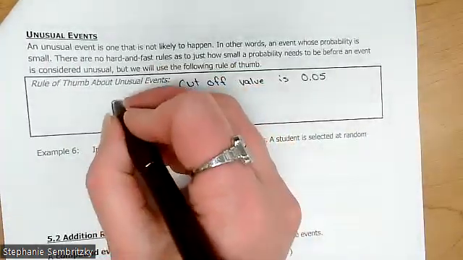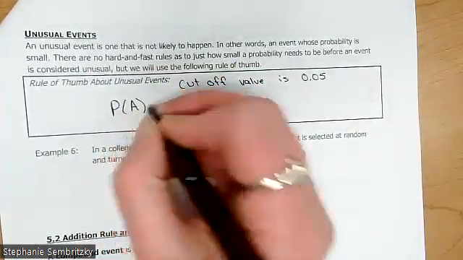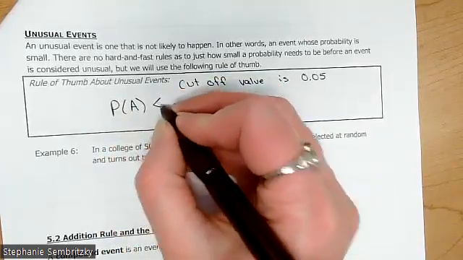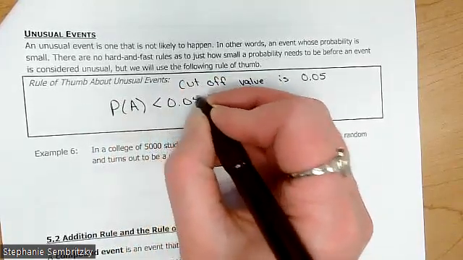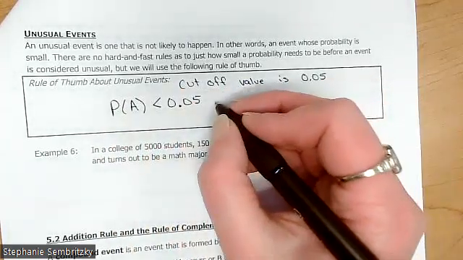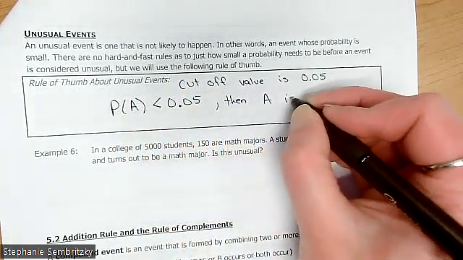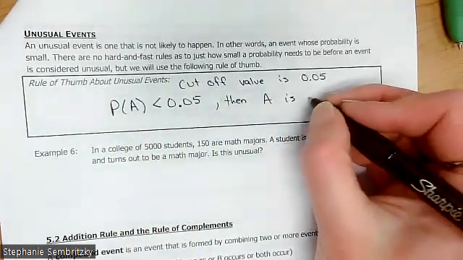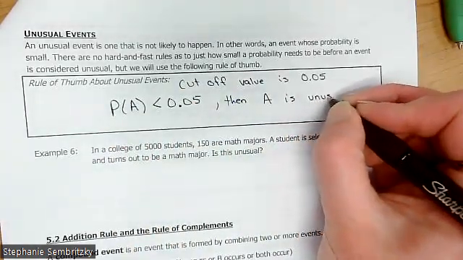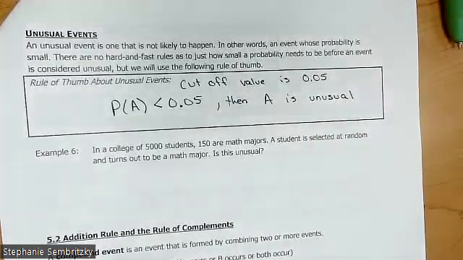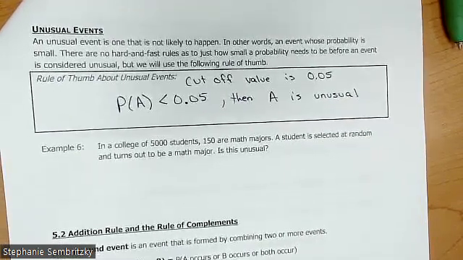If I found the probability of event A and it was some number less than that, then we would say A is unusual. So if your probability is less than 0.05, that makes it an unusual event.